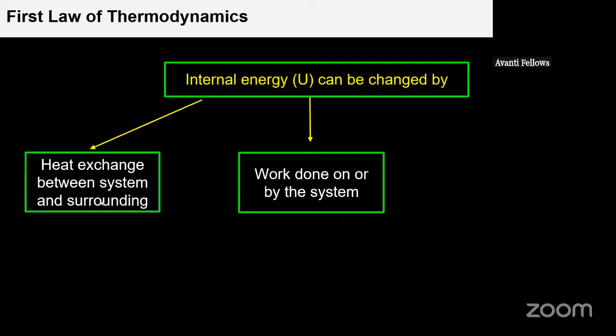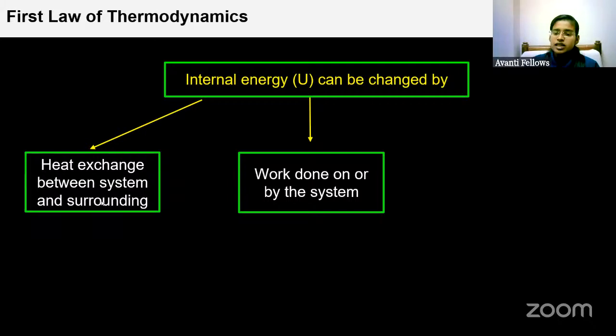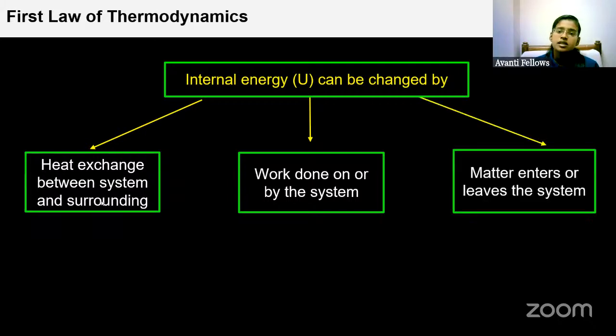And thirdly, internal energy can be changed by the matter entering the system or leaving the system. So internal energy is changed by heat, by work done on or by the system, or by matter entering or leaving the system. Okay, so let me go for the heat.